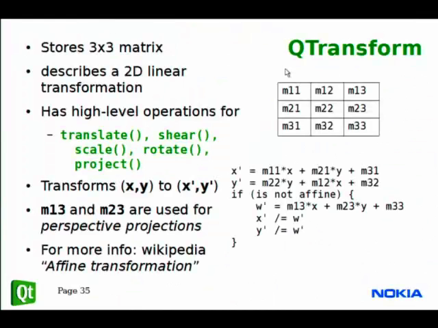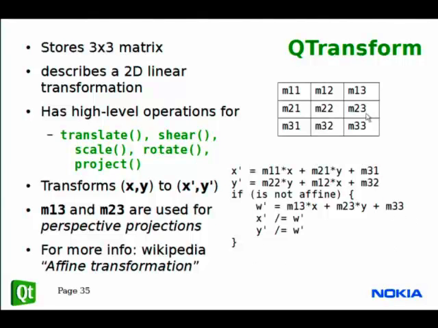So a QTransform is a 3x3 matrix, and it describes a two-dimensional linear transformation. We have high-level operations for translate, shear, scale, rotate, and project. They all perform transformations from x, y to x prime, y prime. The way that it works is with this basic formula, where they're similar to y equals mx plus b, except in an extra dimension.